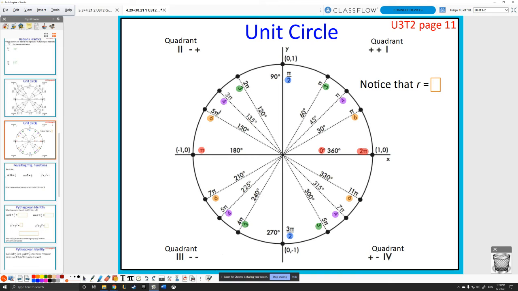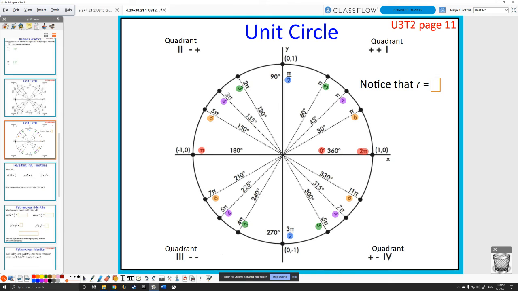If your numerator is 1 number larger than your denominator, it's going to be in the third. 7 over 6, 5 over 4, 4 over 3, right? And lastly, if your number is right under 2 as a fraction, then you're in the fourth. 11 over 6 is really close to 2, right? 12 over 6 would be 2. 8 pi over 4 would be 2, but you're right under that, 7 over 4.